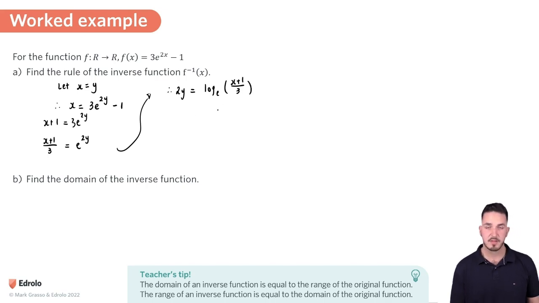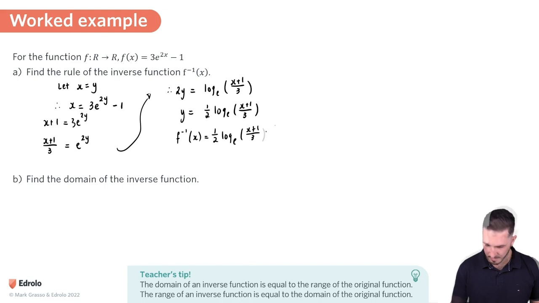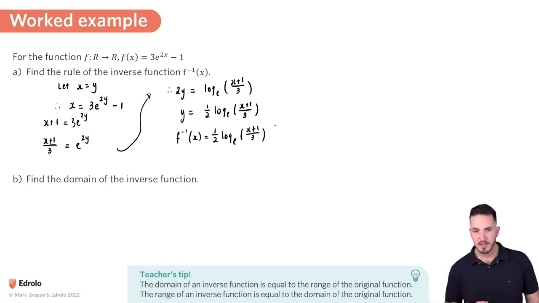And finally, dividing both sides by 2, we have y equals a half log e of (x plus 1) on 3. And just to rewrite it using the correct notation, f inverse of x is equal to half log e of (x plus 1) all over 3. So that's our inverse function of f of x equals 3e to the 2x minus 1.